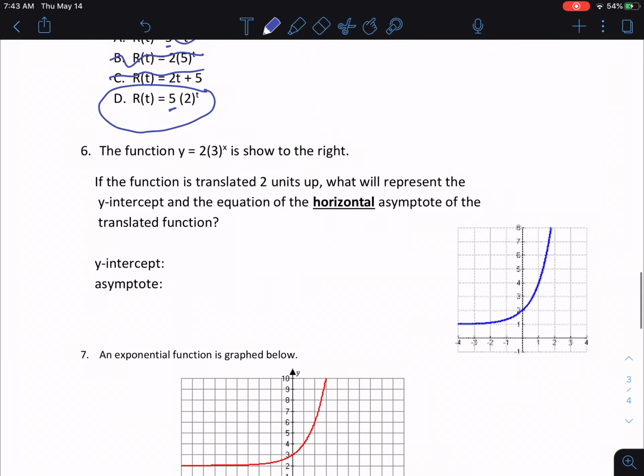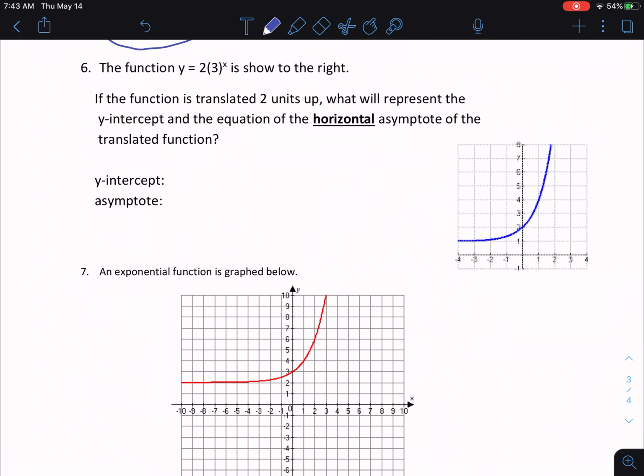Okay, so number 6. The function y equals 2 times 3 to the x power is shown at the right. If the function is translated up 2 units, what will represent the intercept and the horizontal asymptote of the function? So then we're going to go up 1, 2.